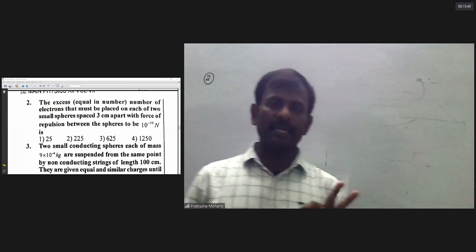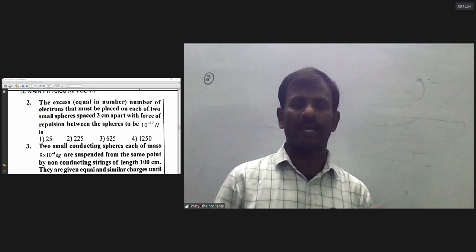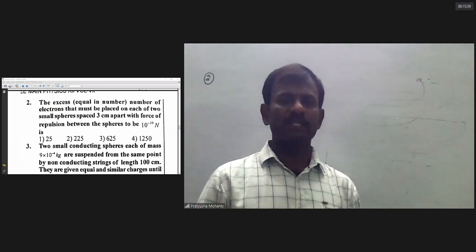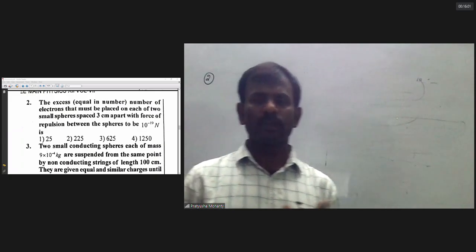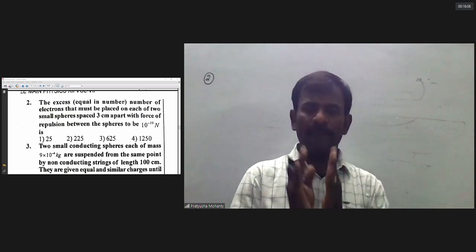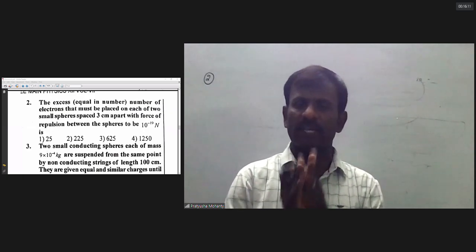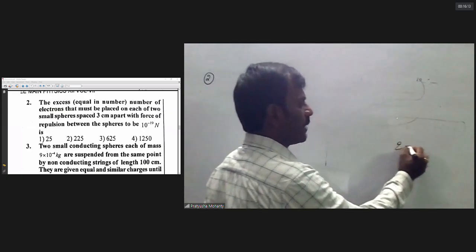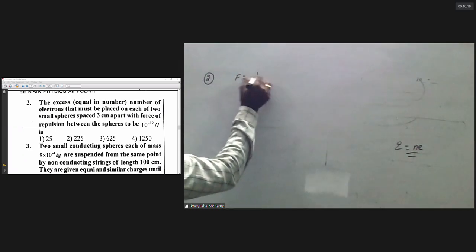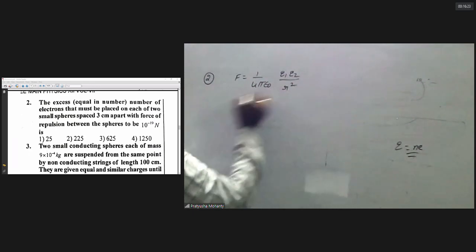The excess number of electrons that must be placed on each of two small spheres spaced 3 centimeter apart, with a force of repulsion between the spheres of 10 power minus 19. For example, if we keep n number of electrons, according to quantization of charge, Q value is equal to how much here? ne. So the formula is F equal to 1 by 4 pi epsilon naught Q1 Q2 by R square.